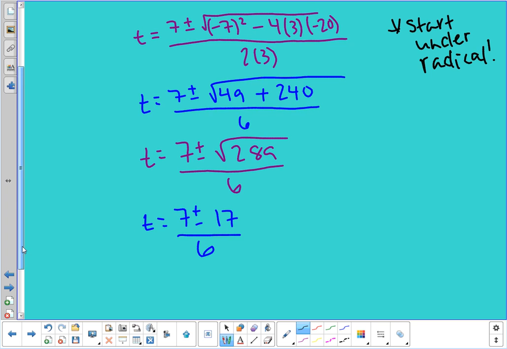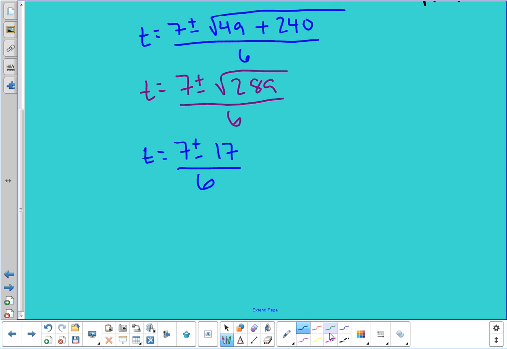Here's where life gets a little bit interesting. I need to split this into 2 equations now because I need to have one equation where I'm adding the top and one equation where I'm subtracting the top. So that's where I'm going to split these. Notice I still have not done anything with the 6 on the bottom.